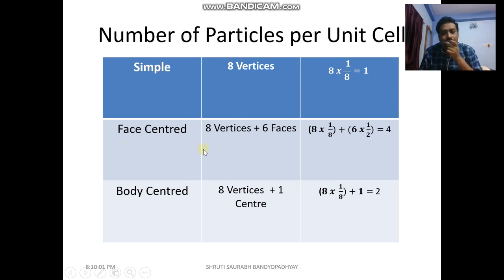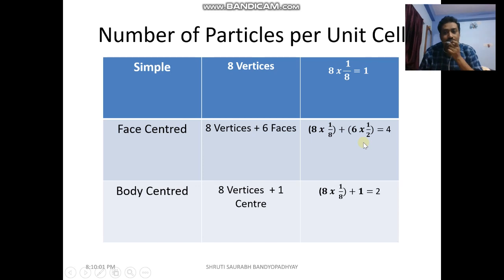In a face centered cubic unit cell, there are 8 vertices and 6 faces: particles at 8 vertices and particles at the center of 6 faces. We have learned that a particle at a vertex point is shared between 8 different cubes, contributing 1/8 of its volume. So it will be 8 multiplied by 1 by 8 plus 6 multiplied by half. Why?